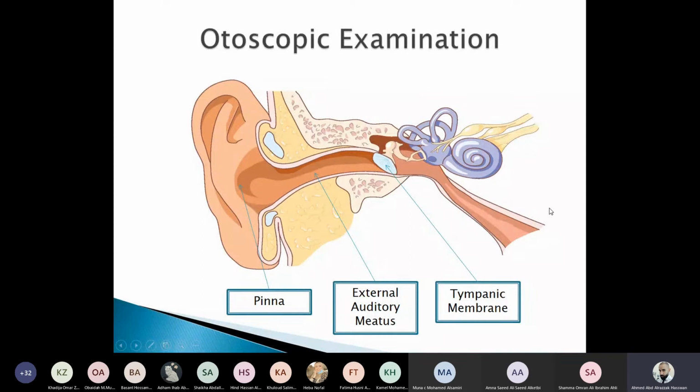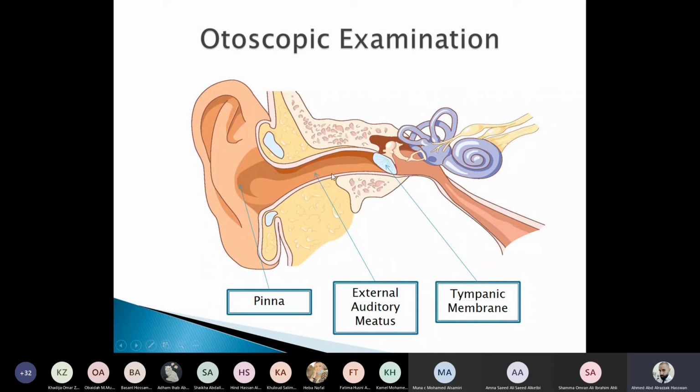Now, this process is usually what keeps the ear clean and prevents wax accumulation. But sometimes there is increased wax production, or sometimes there are bad habits, like cleaning the ear not in the proper way. When we use earpods, we're actually pushing the wax inside.